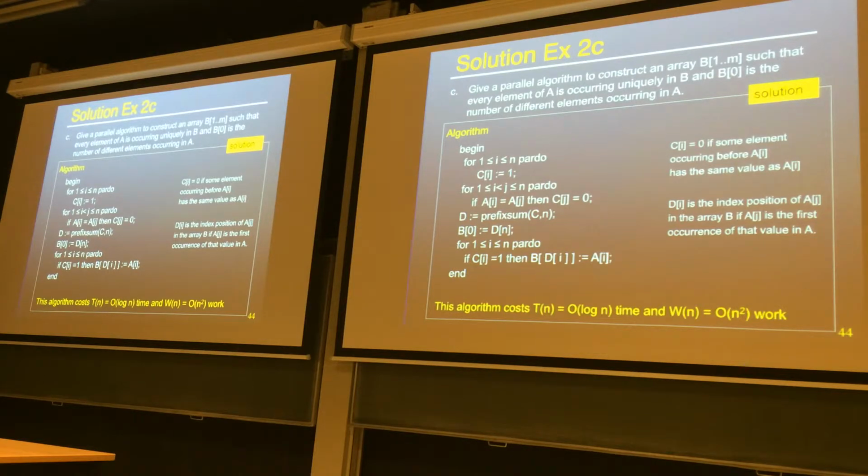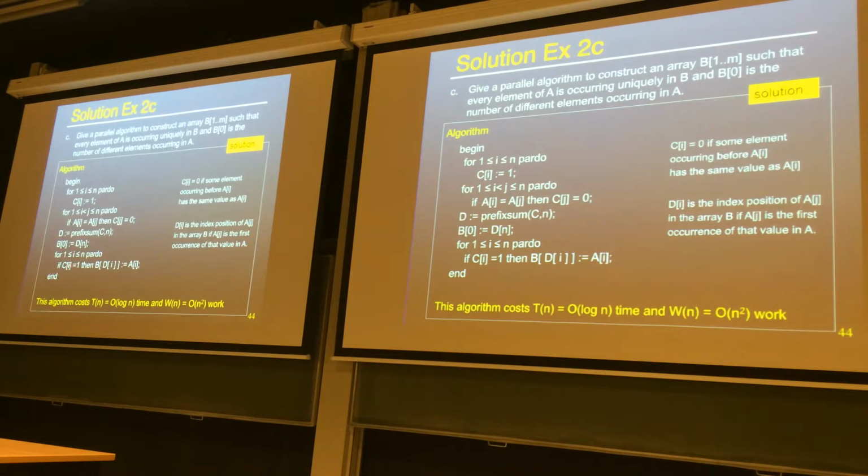If Ai equals Aj, then it is a violation of the uniqueness, so set Cj to 0. Then perform a prefix sum to this array C for n elements and store the result in D. Set B0 to Dn, that's the total number of unique elements, and for i between 1 and n, search for the unique numbers.